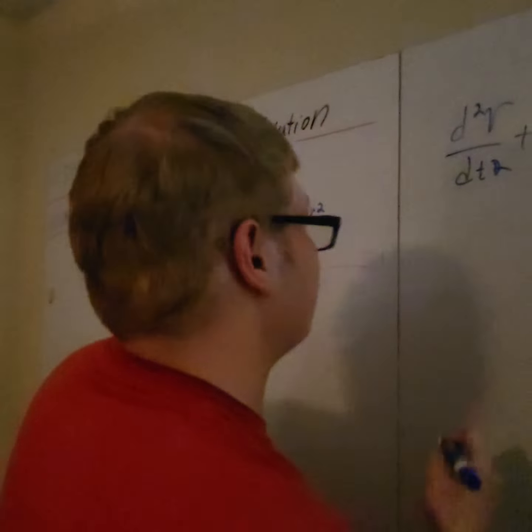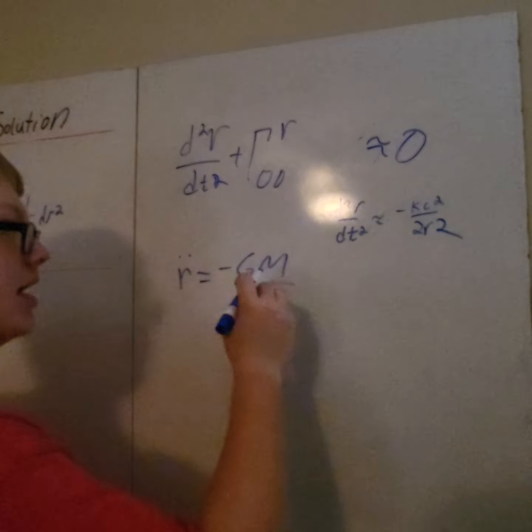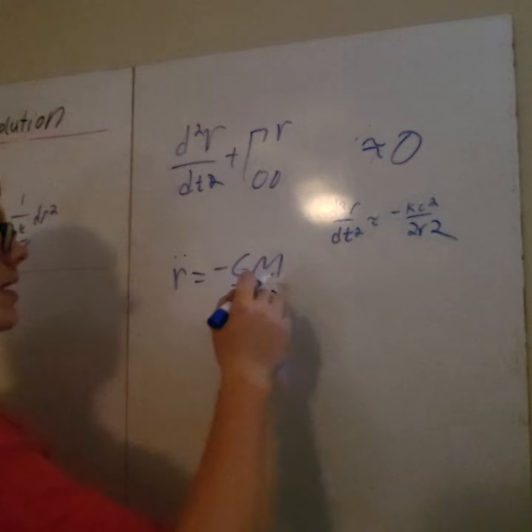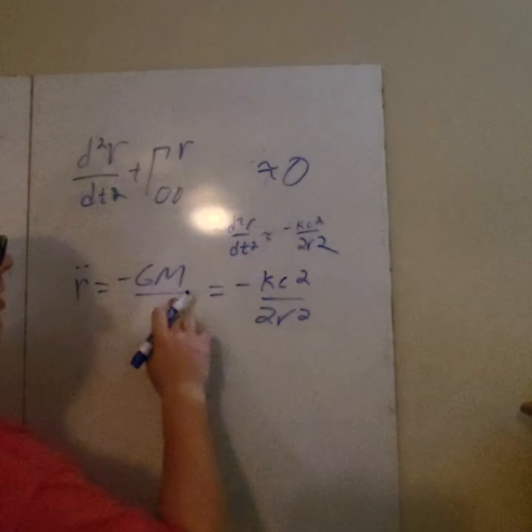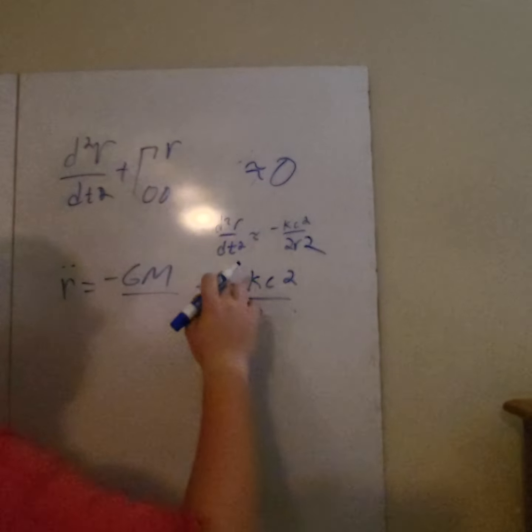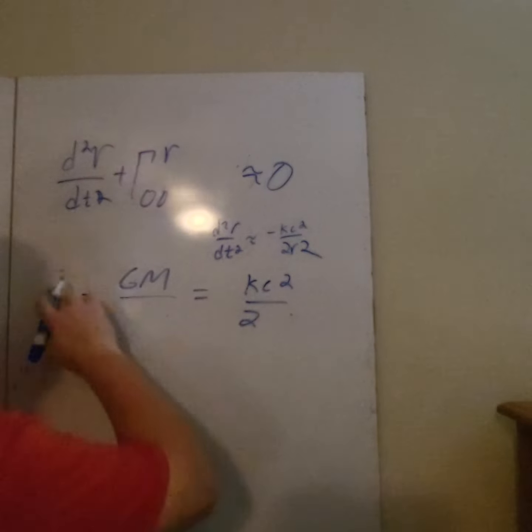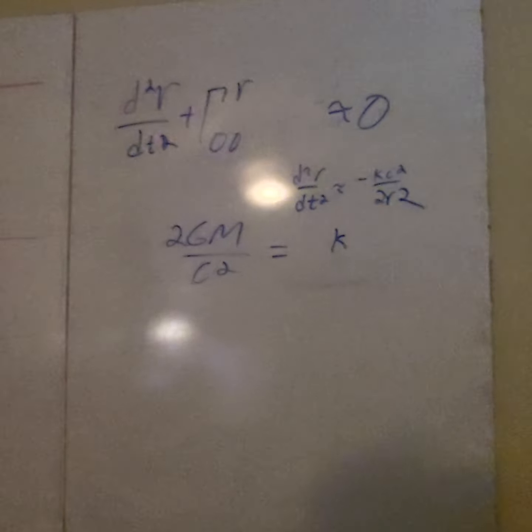Newton's law says that negative G times m, the mass of the object, over r squared is equal to the radial acceleration in this situation. So we need these in the weak field limits to be equivalent. Alright, cancel out r squared, cancel out the negative sign, 2GM over c squared equals k.